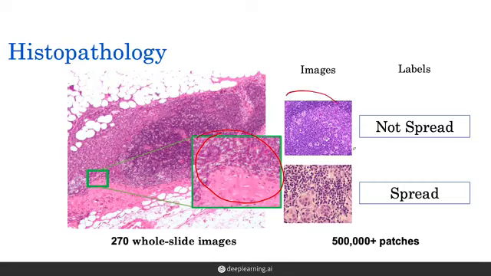These patches are labeled with the original label of the whole slide image and then fed into a deep learning algorithm. In this way, the algorithm can be trained on hundreds of thousands of patches. In this course, you will apply a similar idea of breaking down a large image into smaller images for model training to the task of brain tumor segmentation.